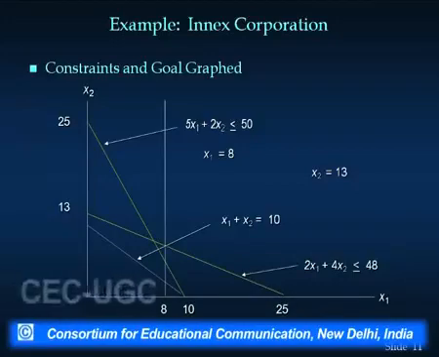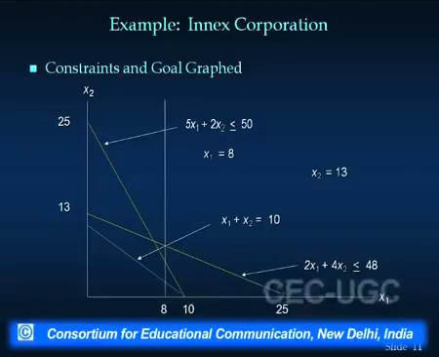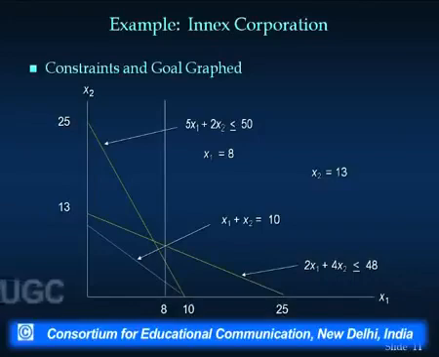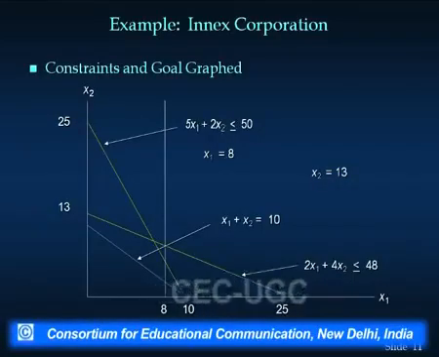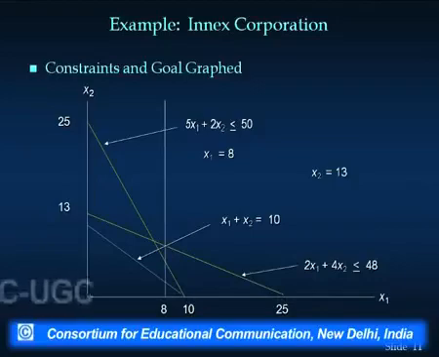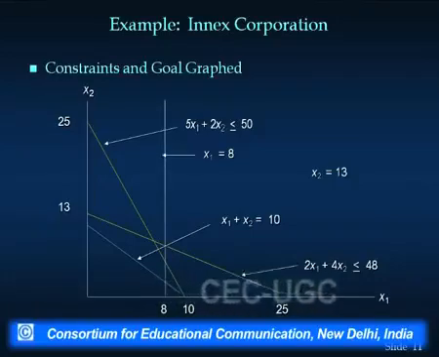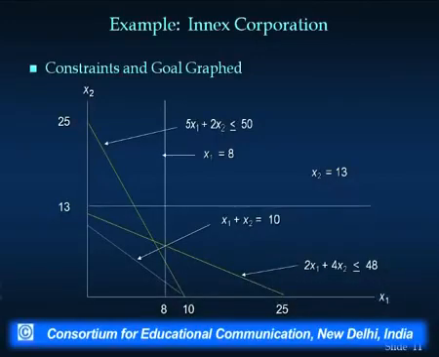Now we have a third priority also. The third priority is that the production of the second product, product B, should be a minimum of 13 units. Now, how to show that? x2 is equal to 13, we'll show it with a horizontal line because x2 is on the y-axis. So this line shows x2 is equal to 13.